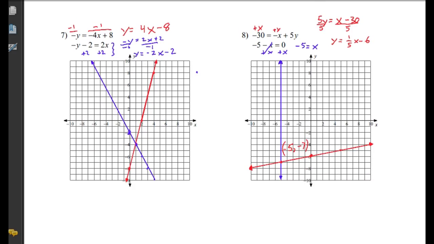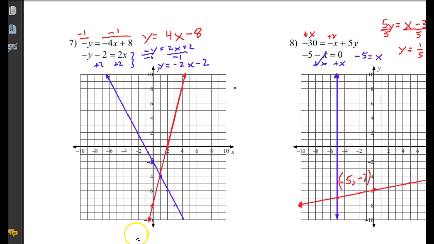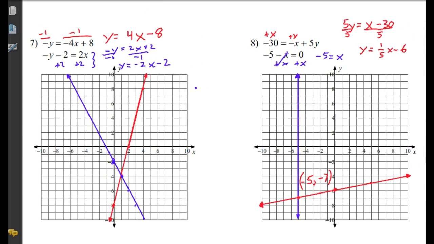On the last two, remember, if you have only an x, you don't have a y variable, that's a vertical line. There's no y-intercept, there's no slope. It's undefined slope. So if you see an equation that has only x in it, it's x equals, so we start on the x-axis and go to -5 and draw the vertical line.